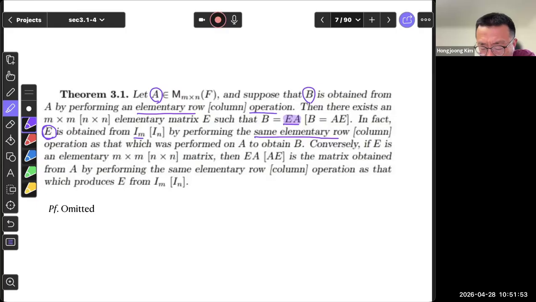In case of a column operation, you consider the identity matrix and then perform the same column operation, and then you need to multiply the corresponding elementary matrix from the right. Then you get B matrix.